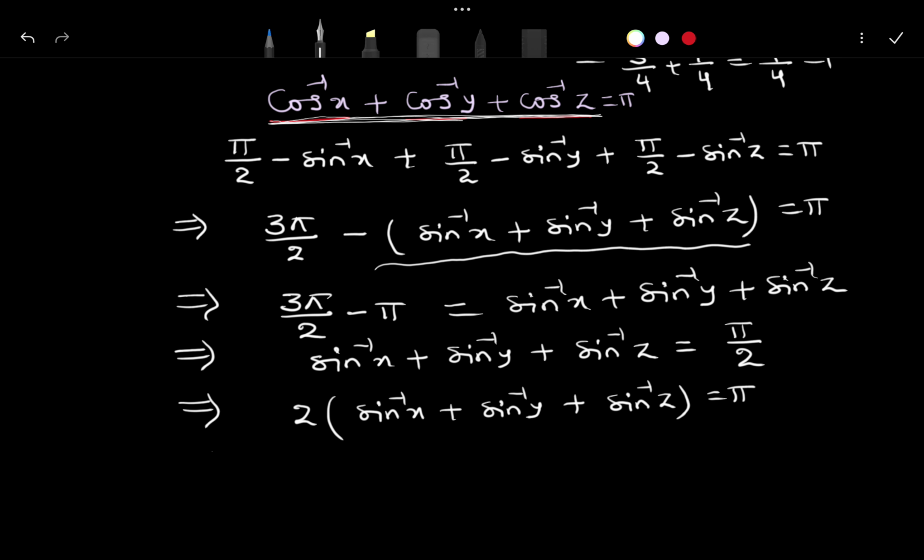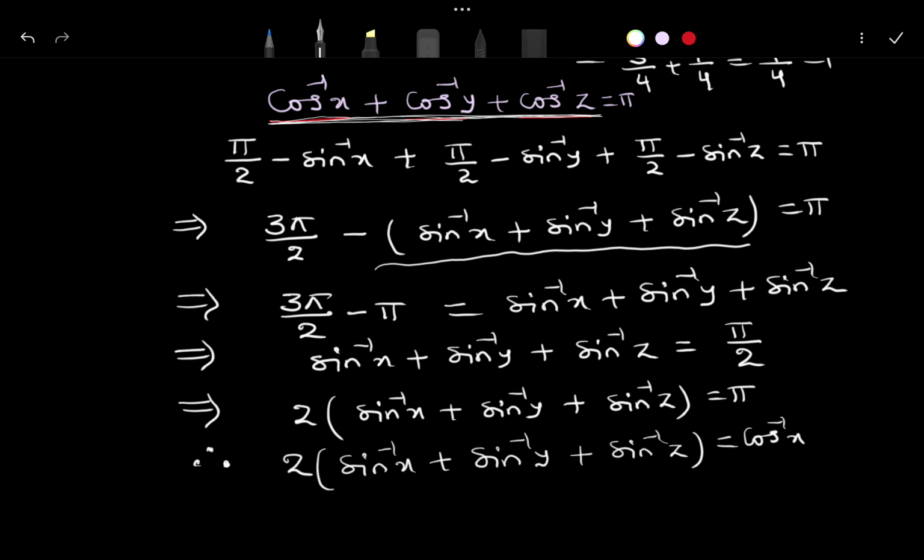Therefore, you can write 2 into sine inverse of x plus sine inverse of y plus sine inverse of z is equal to cos inverse x plus cos inverse y plus cos inverse of z.